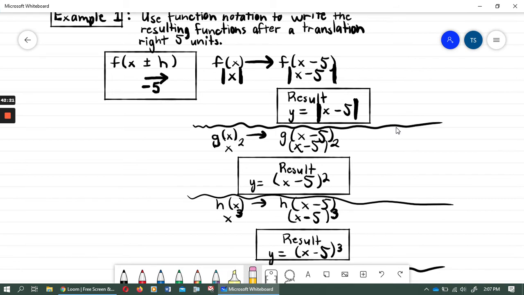Now, guys, if you don't put the parentheses here, let me show you wrong. If you just put x minus 5 squared, like that right there, you are only squaring 5.